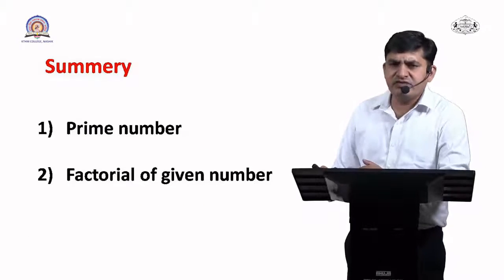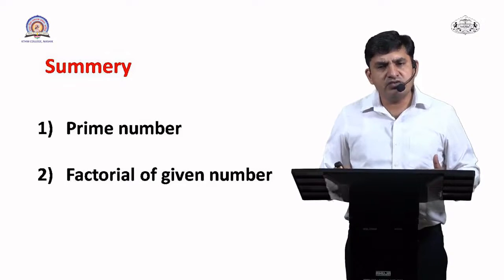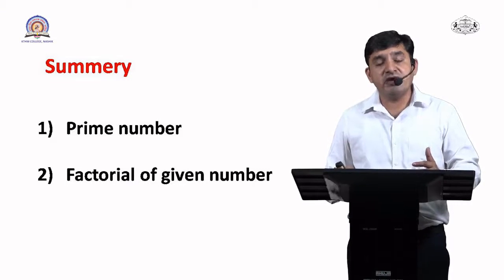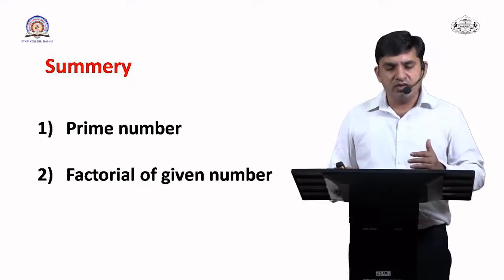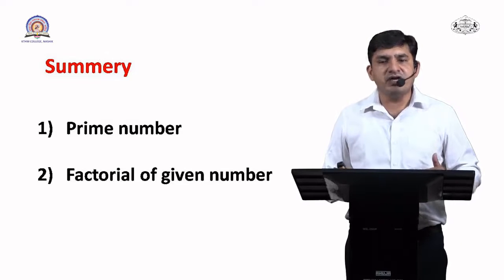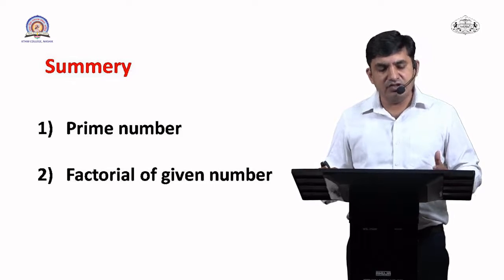So in this lecture we discuss what a prime number is. The number which is divisible only by itself or by 1 is a prime number. Program to find the prime numbers in a given range.